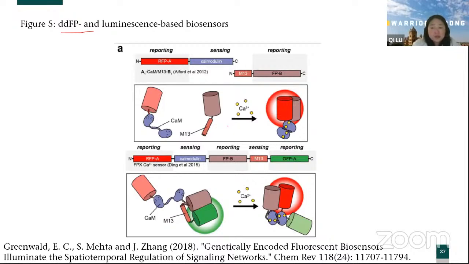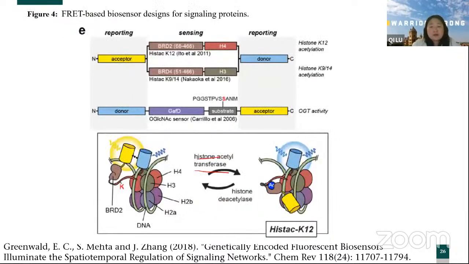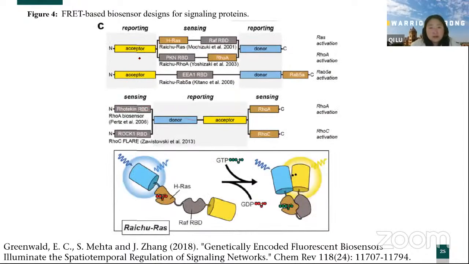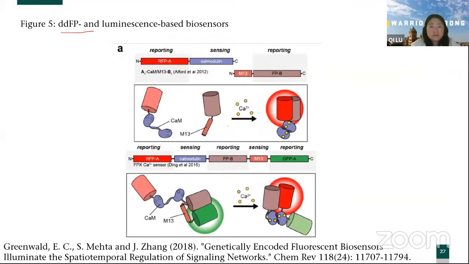But generally, most of the previous ones are only linked together, and this light transfer is intramolecular. But this DDFP is like a double protein: after binding together, it will cause these two. Previously, they were not colocalizing, not fusing, but after adding the calcium, due to the binding of this CaM and M13, these two approach together and then cause fluorescent light emission.